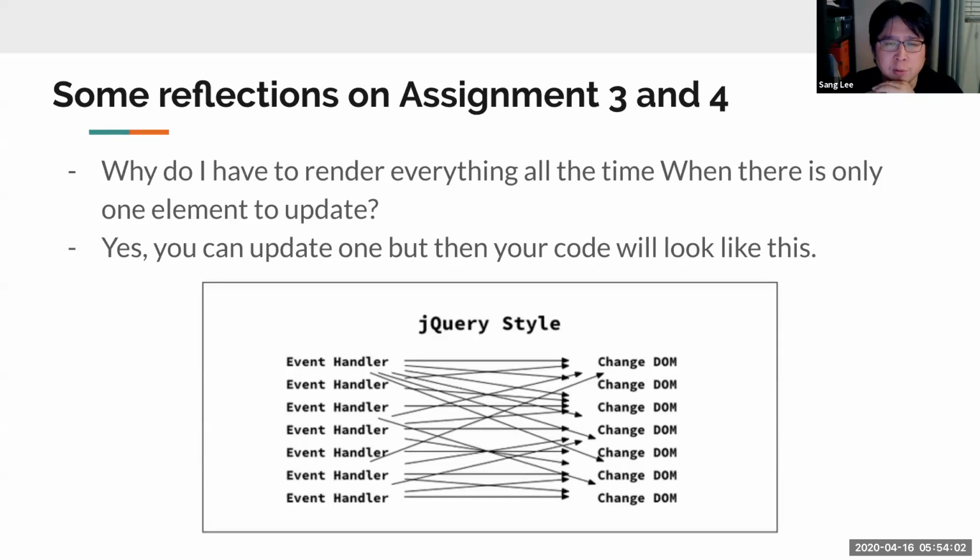One of the things that you might have felt is, why do we have to render everything all the time when there's only one change? Even the approach that I was suggesting is that if there's a certain change in the data, like let's say a task item is completed, what I could have done is simply update that particular task item, make it green, add the check mark, and then add the complete date.